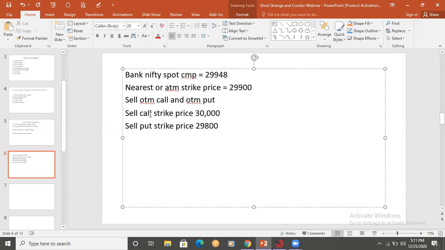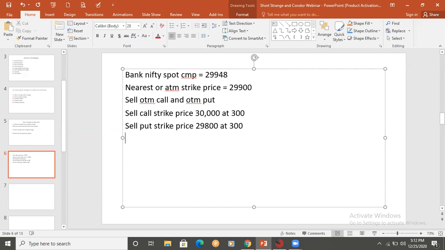Now, when we sell both the call as well as the put option, we will receive the premium. As a seller, we will receive the premium. So let's assume this 30,000 strike price call option is trading at, let's say, 300 rupees, and this 29,800 put option is also trading at 300 rupees. So combining together, how much premium did we get, guys?